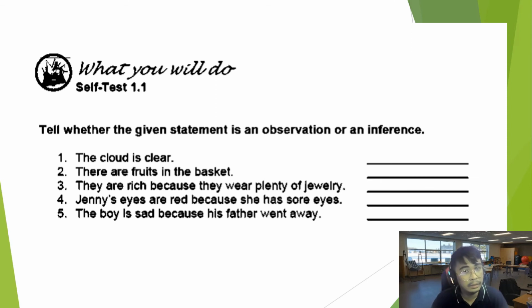Okay, again, how do we say that the statement is observation? You simply use your senses, the 5 senses. How do you say that it's an inference? Because it is based on observation and to your past experiences. Okay, so with those 5 statements, I guess you can answer all of this.